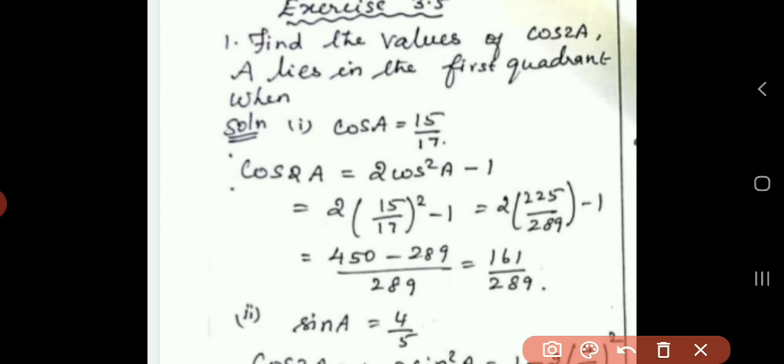If we subtract the numerator, I got 161/289.